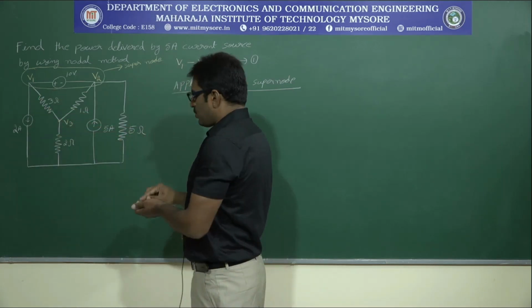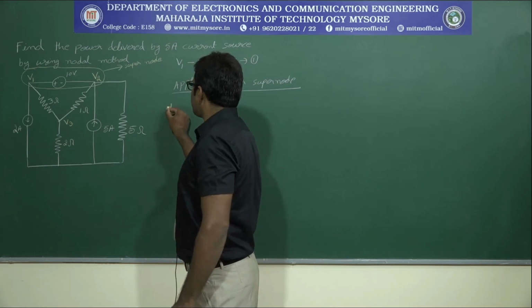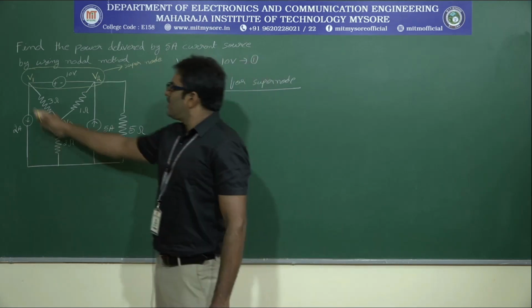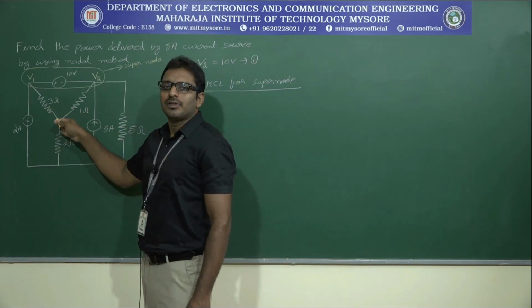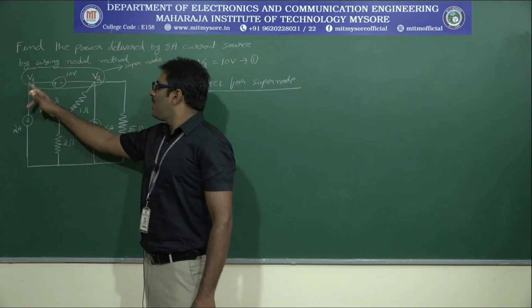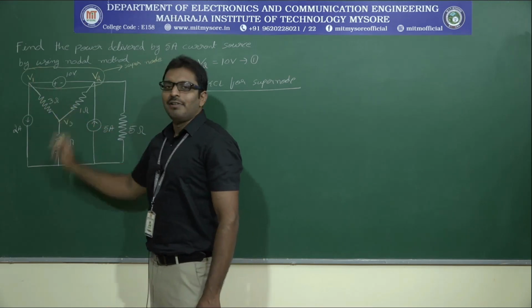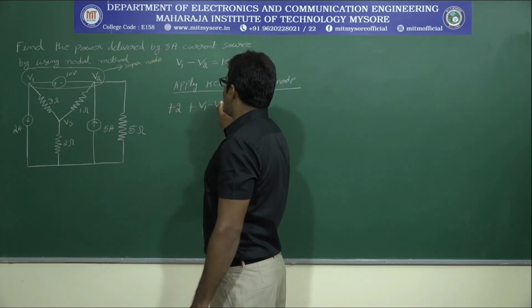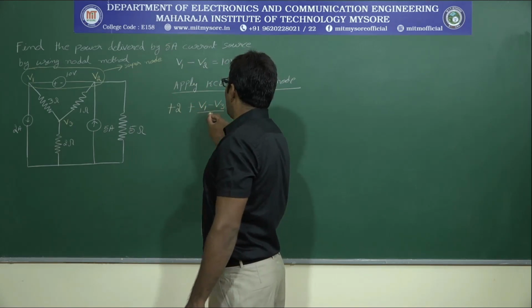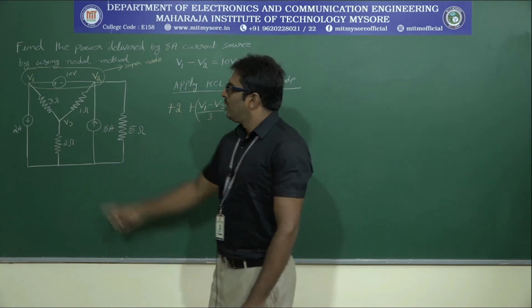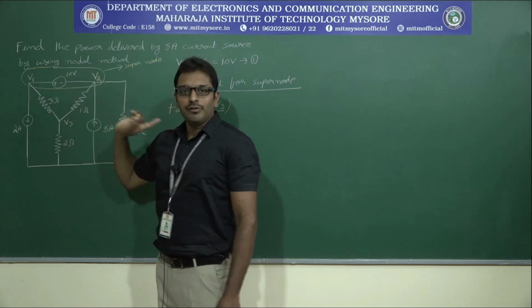That's why plus 2 ampere. Next, what is the current in this branch? Current is flowing from V1 to V3. That's why plus (V1 minus V3) divided by 3. These two are the branches connected to V1.